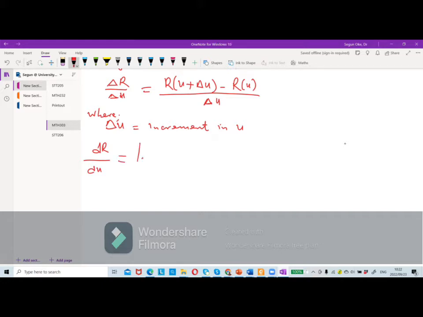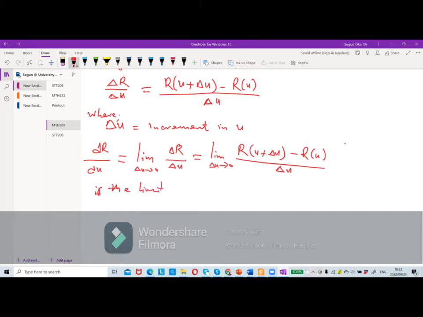It is the same thing as the limit of change in U tends to 0 of delta R over delta U, which is the same thing as the limit, as delta U tends to 0, of R of U plus delta U minus R of U, all divided by delta U, if the limit exists.